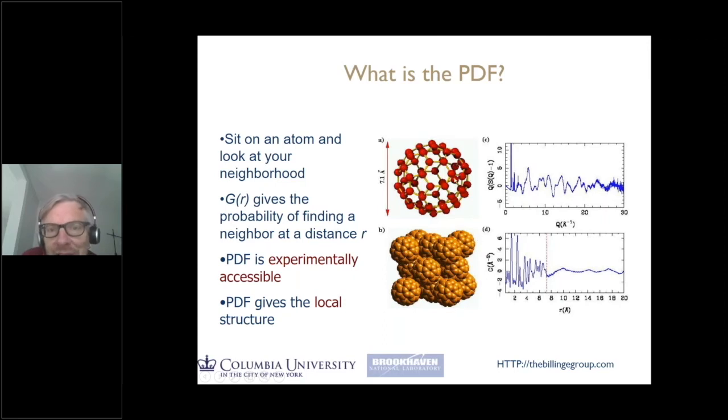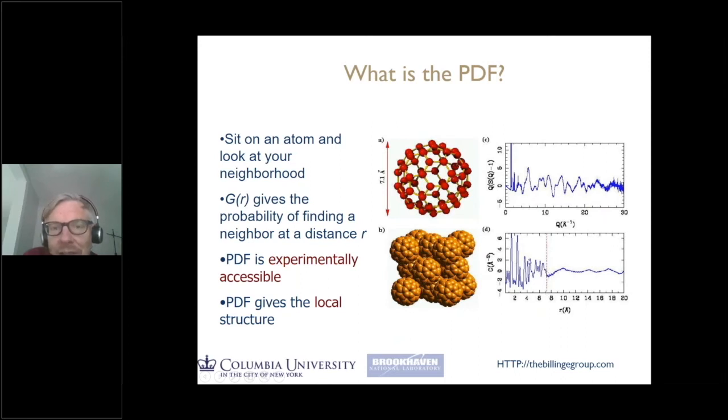If we know the structure of C60, we can reconstruct this whole signal in a self-consistent way and understand exactly the full structure. One of the amazing things is that if you sit on this carbon atom at the bottom of the ball and look at the carbon atom that's the furthest distance away, across the diameter of the ball, the ball is 7.1 angstroms, and the last sharp peak in the PDF is at 7.1 angstroms.